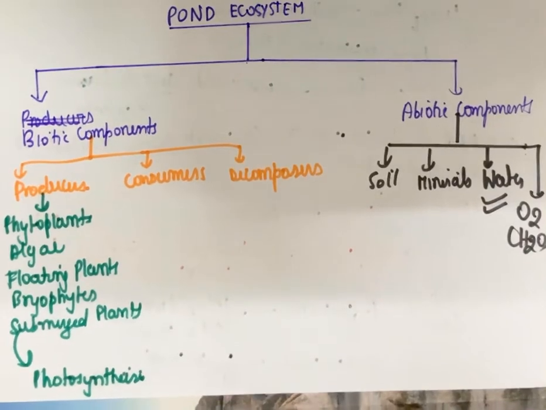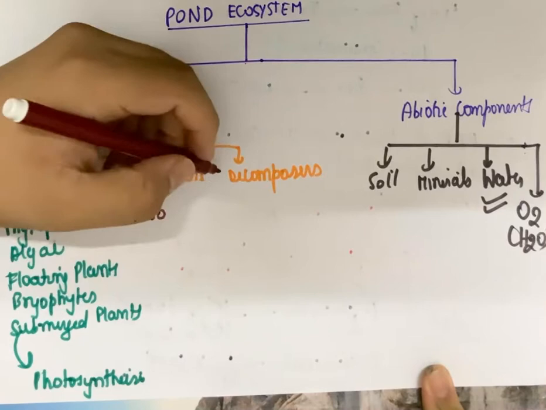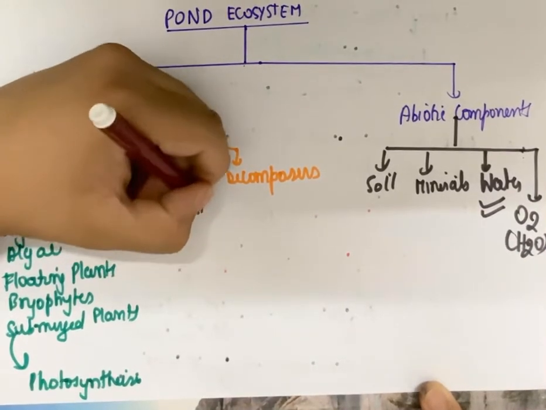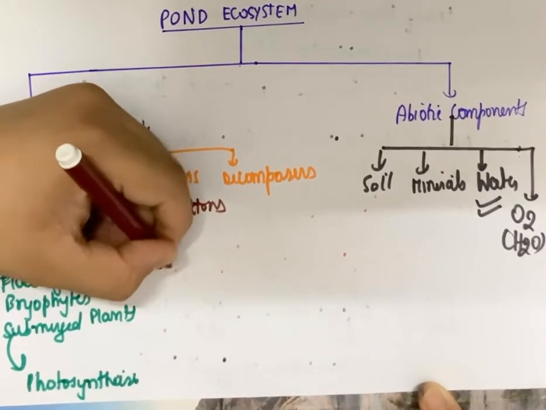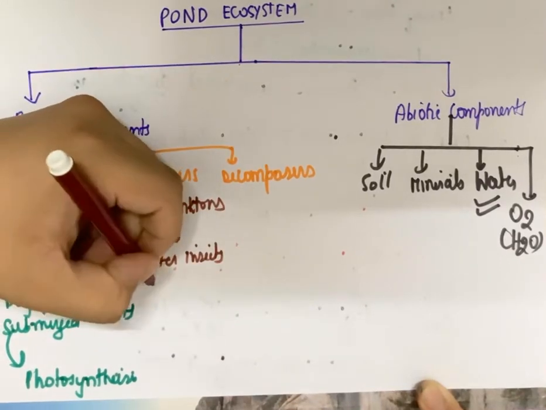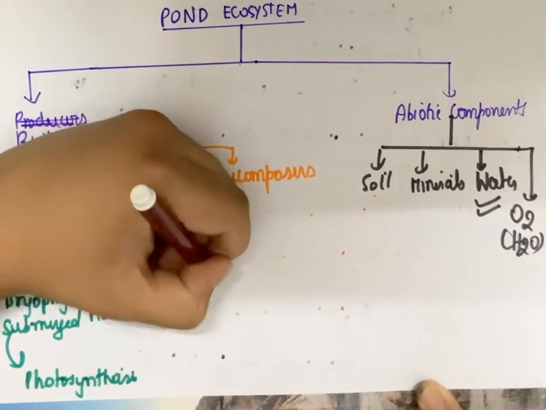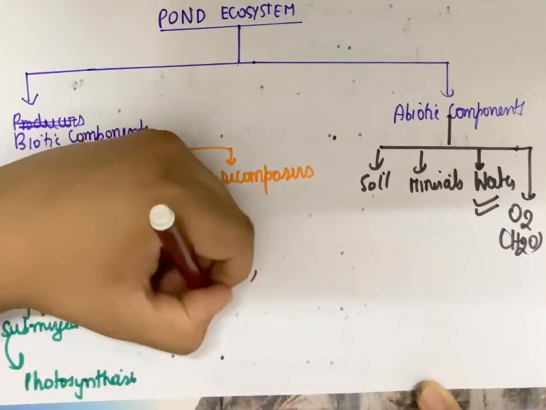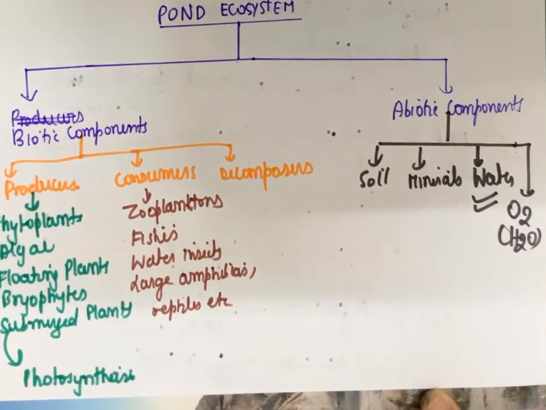The consumers will include the zooplankton, the smallest species of the aquatic system, the fishes, water insects, and large mammals, amphibians and reptiles, who will consume the food from the producers.